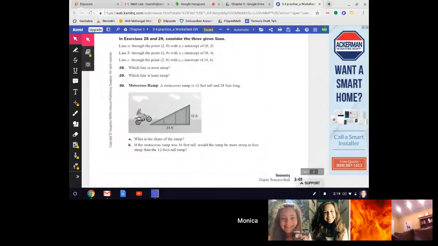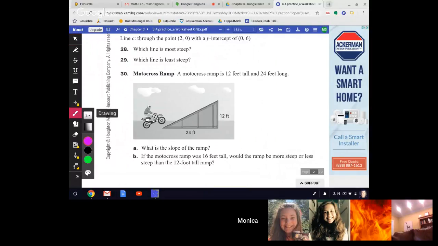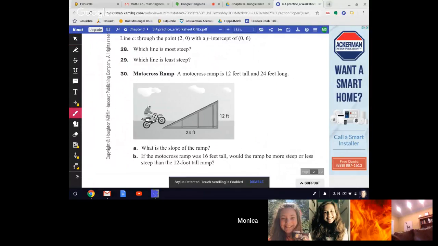Okay, so if we're looking at the problem here, you don't necessarily have to have this on a graph to be able to see the slope. Just pretend that it is on a graph and that here's a point and here's a point, okay? So the rise on this point, you're going to go up 12 feet. And then your run is 24 feet.